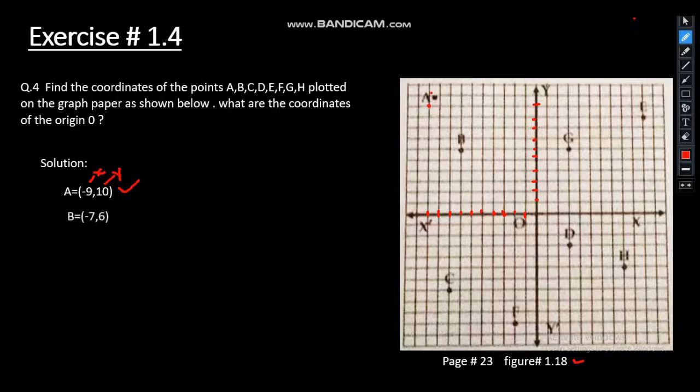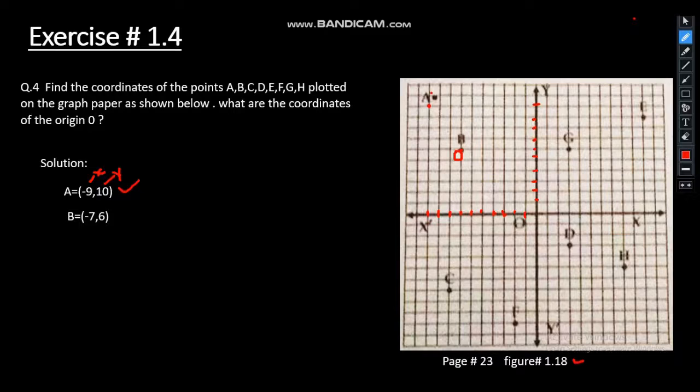Now B. Where is B? B is here. Minus 7: 1, 2, 3, 4, 5, 6, 7. And 6 in the y direction: 1, 2, 3, 4, 5 and 6. So we can write here minus 7 and 6, in the second quadrant.